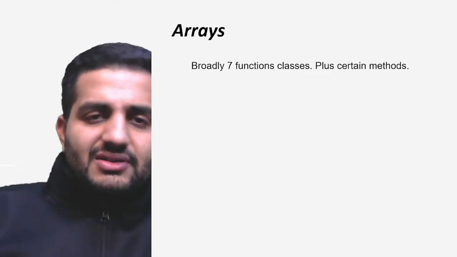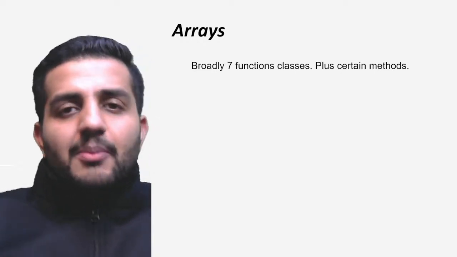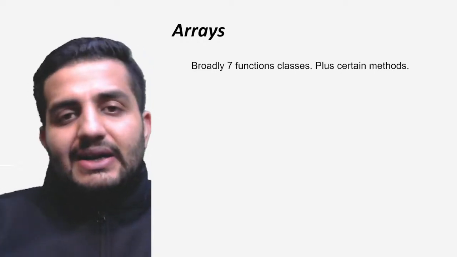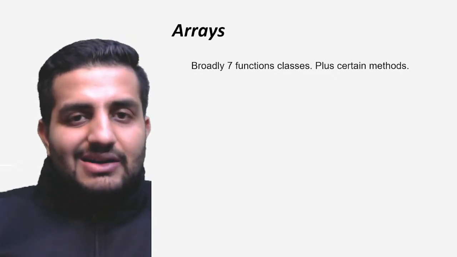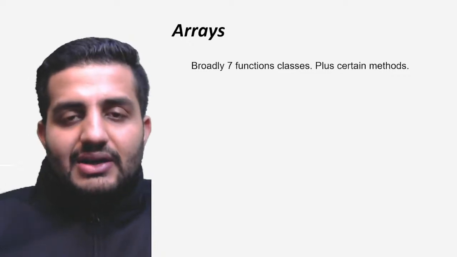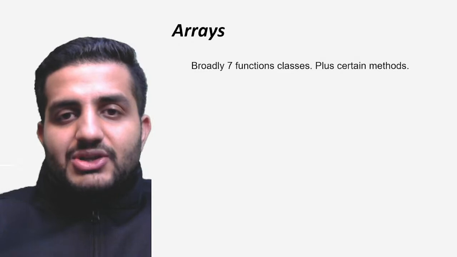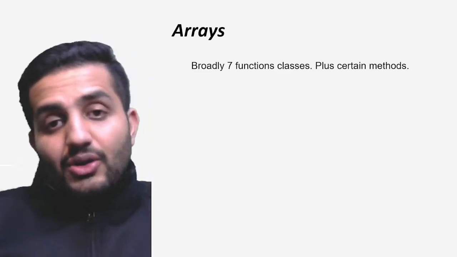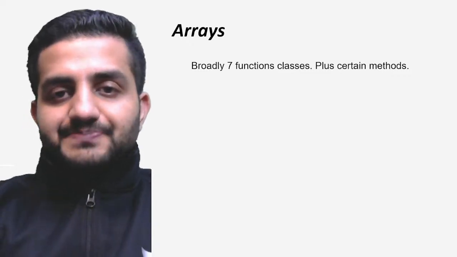It's a heterogeneous list, so you can have a string, a character, a number, a float, any data type, or even a function within a list. Arrays, on the other hand, can hold only a single data type. It can be numbers, or it can also store strings, so there could be arrays of strings also.